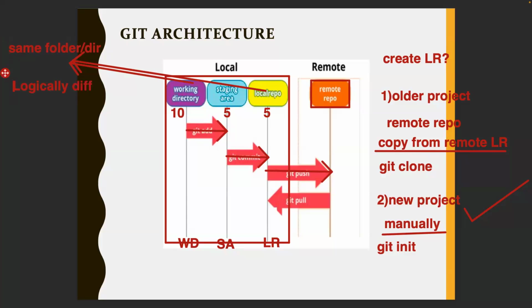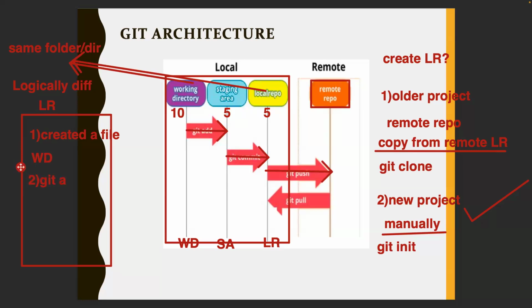What is meant by that? Let me explain this. Let's imagine this is a folder. You have created a local repository in either way, either through the first use case or the second use case. Now, you have created a file here or copied a file, brought a file to this folder, which means it is said to be in the working directory. Physically it's in the same folder, but you will call it in the working directory.